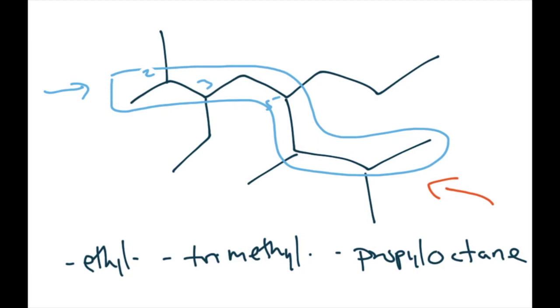If I go orange, I get 2, 3, 4. So 2 and 2 are tied, 3 and 3 are tied. My next substituent gets the number 4 if I go orange, which is less than 5. So I'm going to want to go in the orange direction to number my molecule.